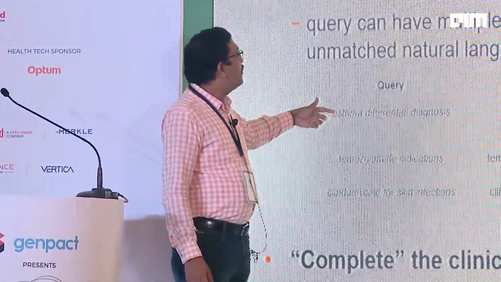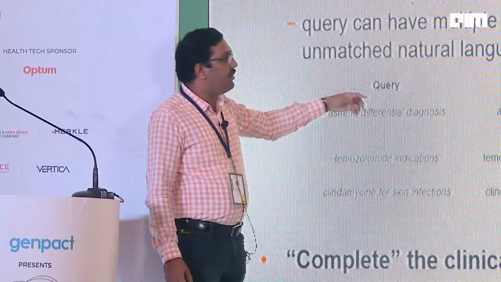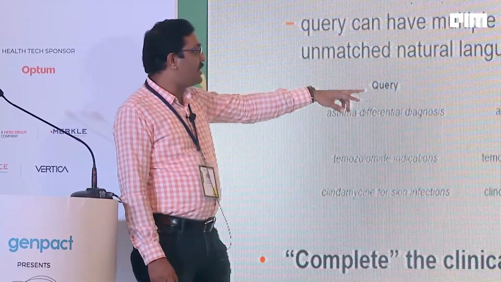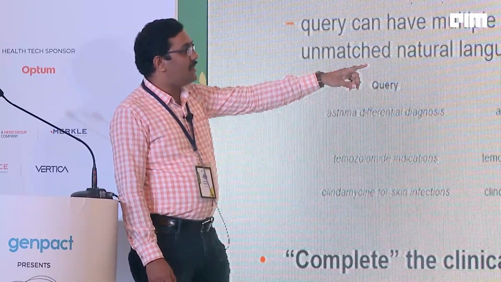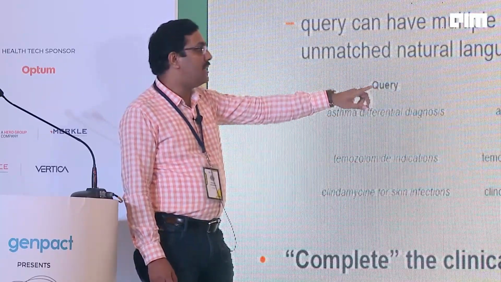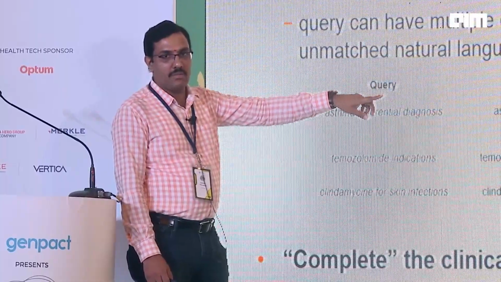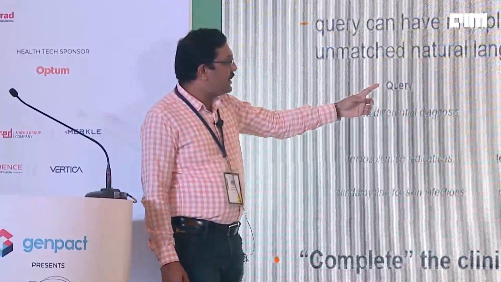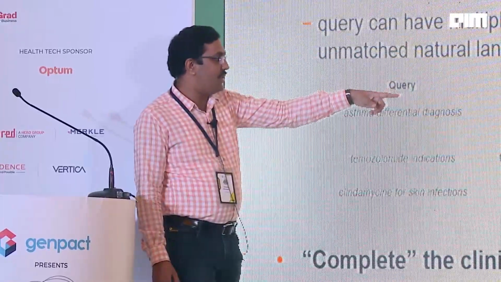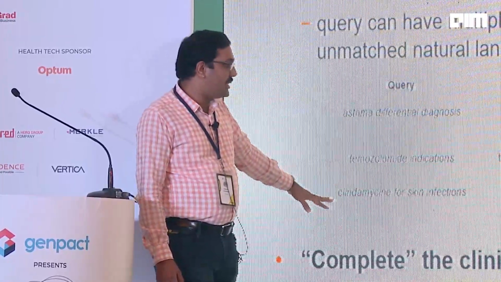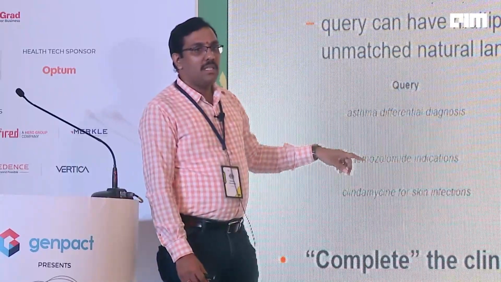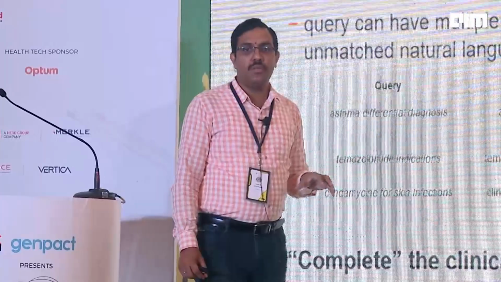Okay, so we parse the query and identify what medical concepts are there in the query. So you see there is a concept called asthma, and there is a relation type, which is has differential diagnosis. Okay, and this is another example wherein we found a concept and a relation type, and this is the third example wherein we found 2 different concepts. So basically this will tell us what kind of information the user is looking at.